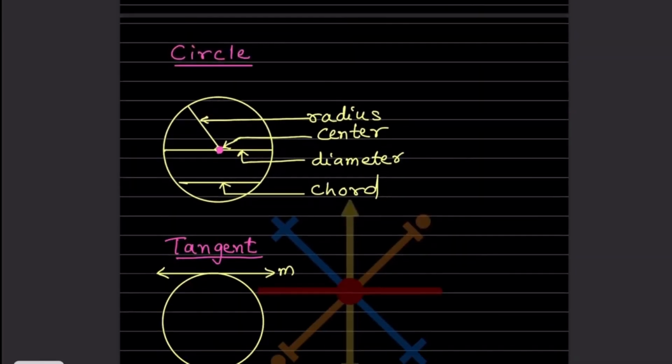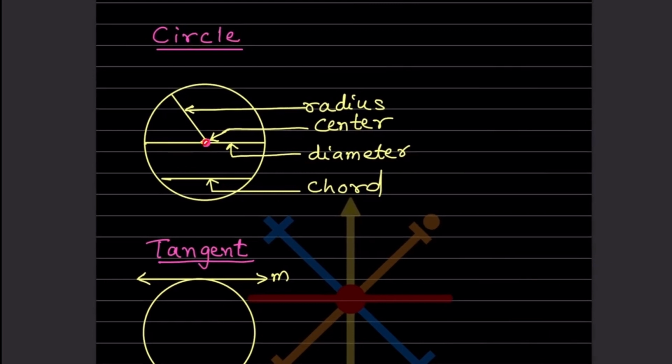So now let us see for a circle. If this is the point in the circle, this is called the center. This one, only the half part from the center to here, is the radius. The radius can also be like this, but it is half of the circle.